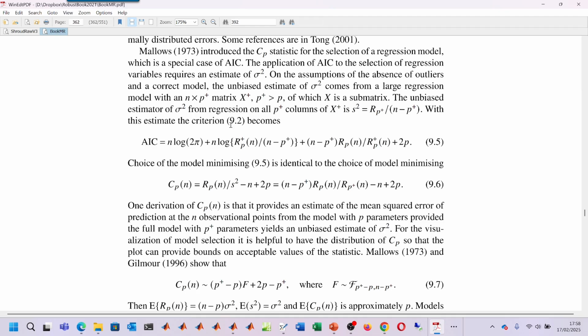Today we are going to talk about Chapter 9, which is concerned with the important point of model selection. We have a regression model that we want to fit to the data, and we have p terms in the model. So there are p-1 possible t-tests that we can do for the variables.